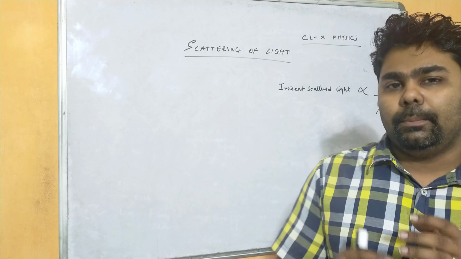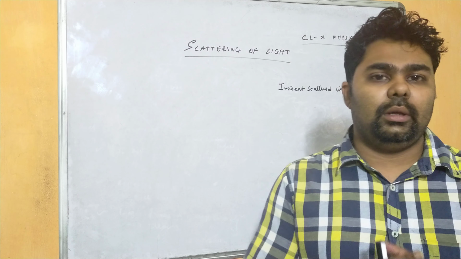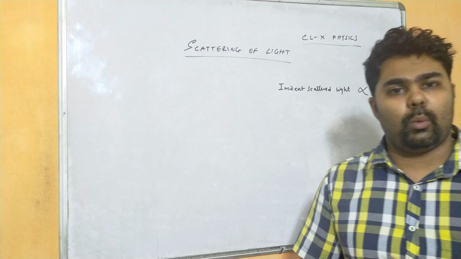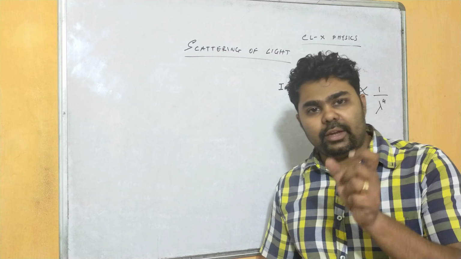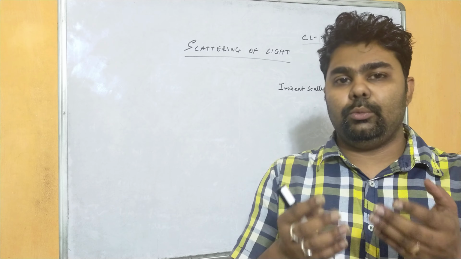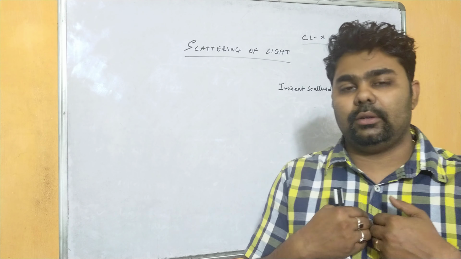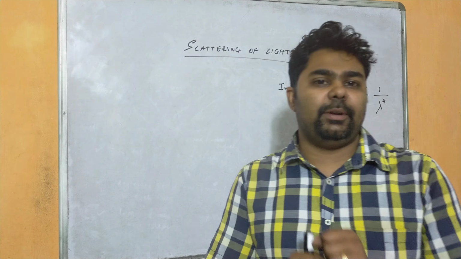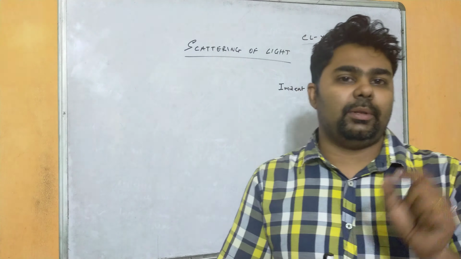Now if the particles are big enough, then this reflected light will be white in color. So the size of the particles in the atmosphere determines the color seen by us.